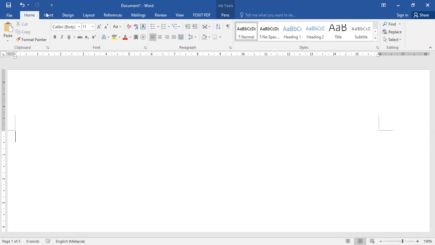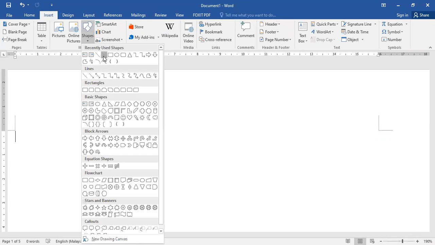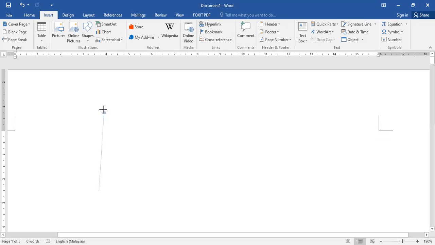This is question number 1, so we need to draw a velocity-time graph.